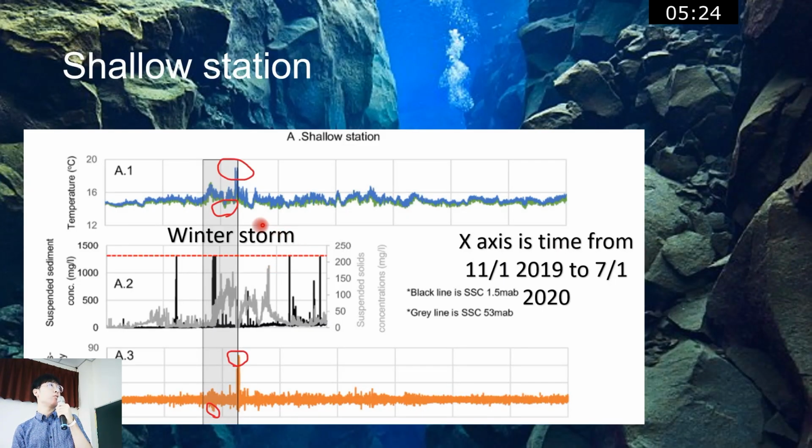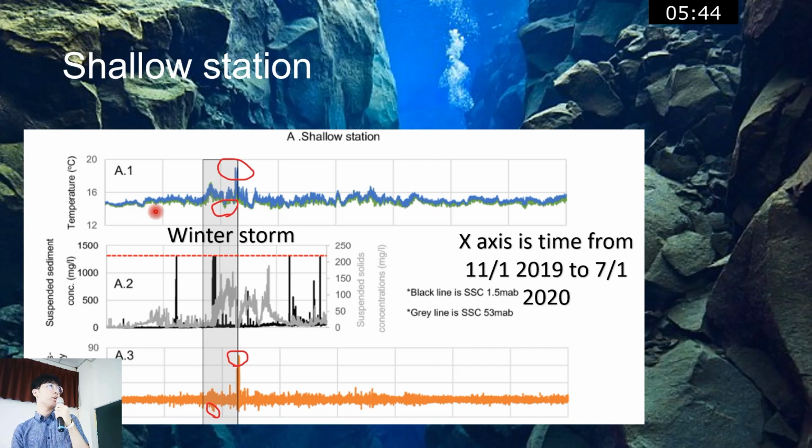And this is the result at the shallow station. The gray area is winter storm, and the x-axis is time from November 1, 2019 to July 1, 2020. We look at the temperature in the autumn.